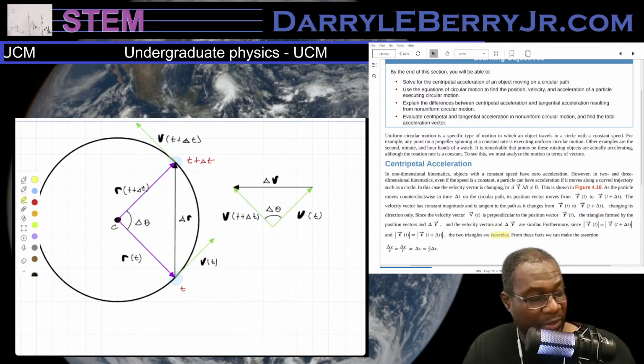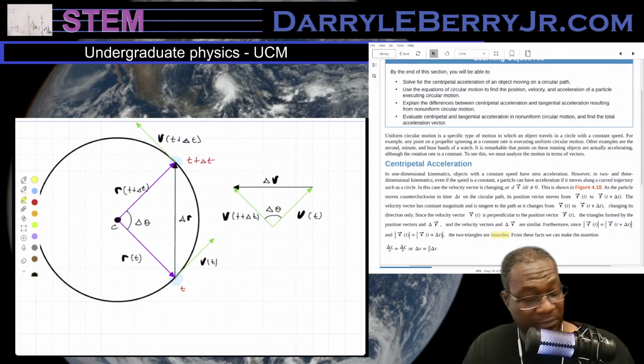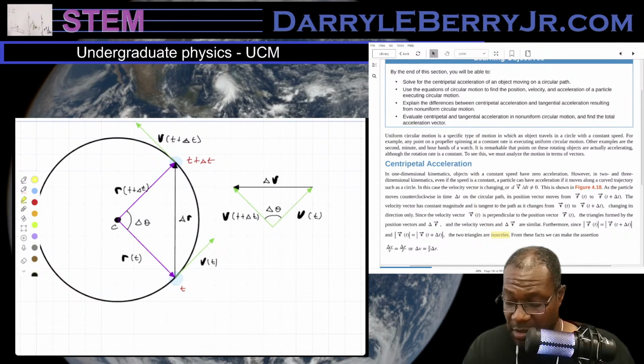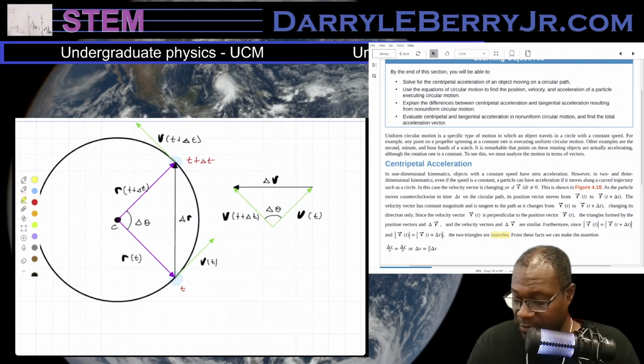From these facts, we can make the assertion that change in V divided by V equals change in R divided by R. That makes sense?